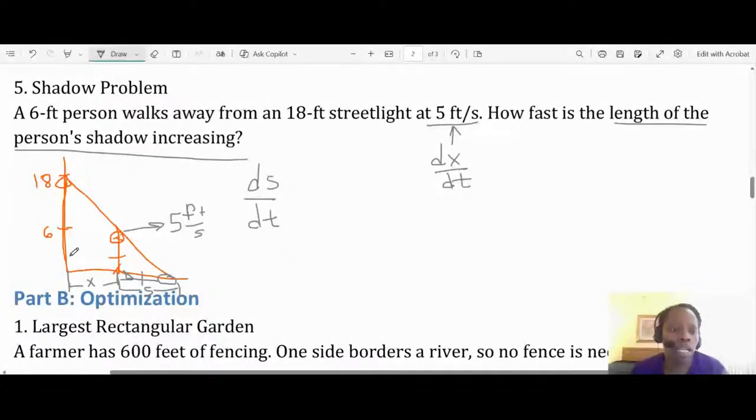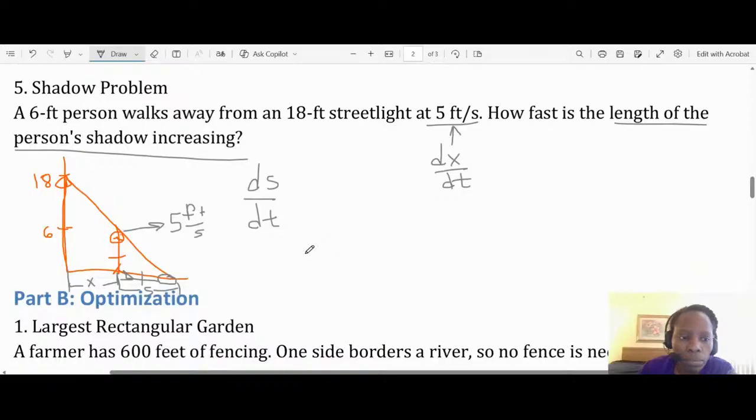We know the lamp and the person share the hypotenuse of the bigger triangle. So we're going to use similar triangles to determine this relationship and to get our formula.